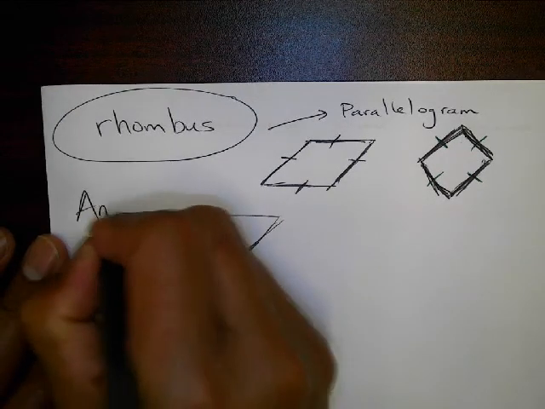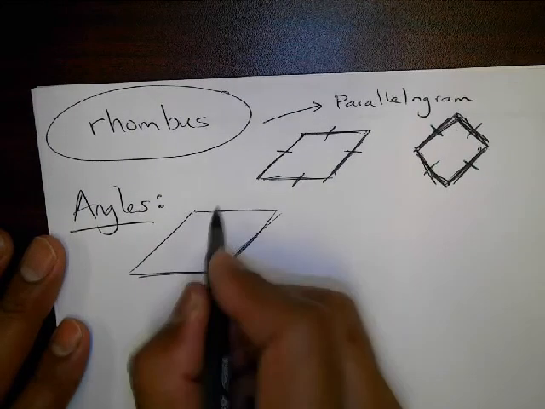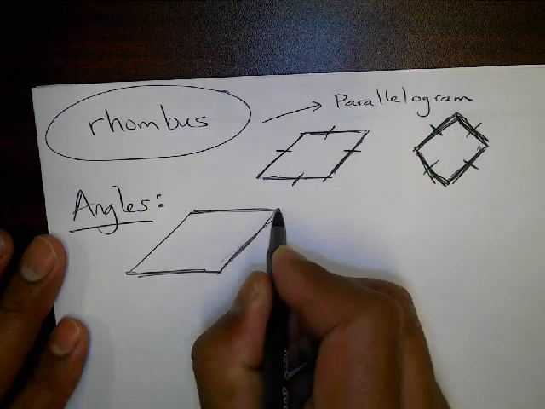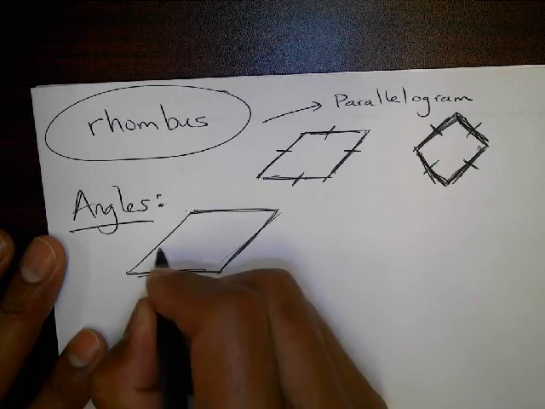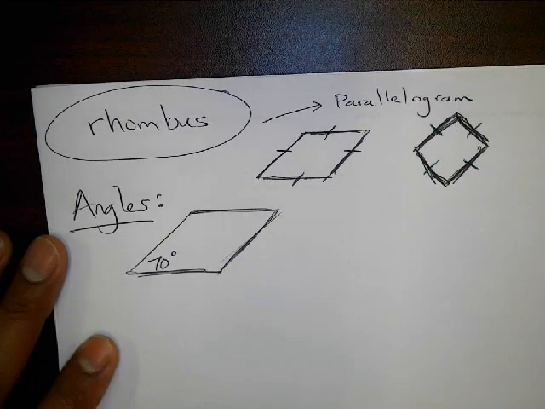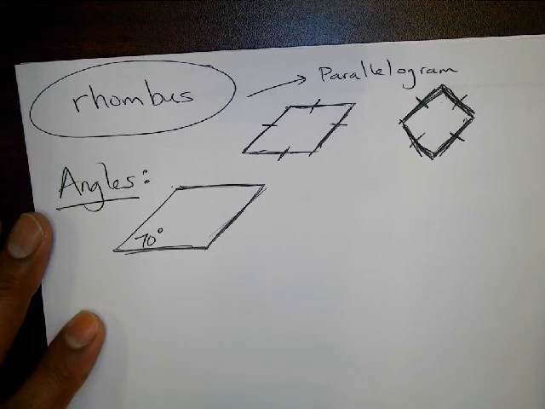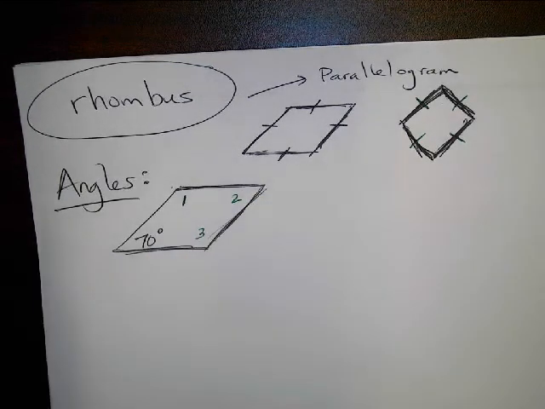we'll talk about the angles now. What is true about the angles? Well, because it's still a parallelogram, if this one's like, let's see, that looks like 70 degrees, then we should be able to find these other ones, angle 1, 2, and 3, right?